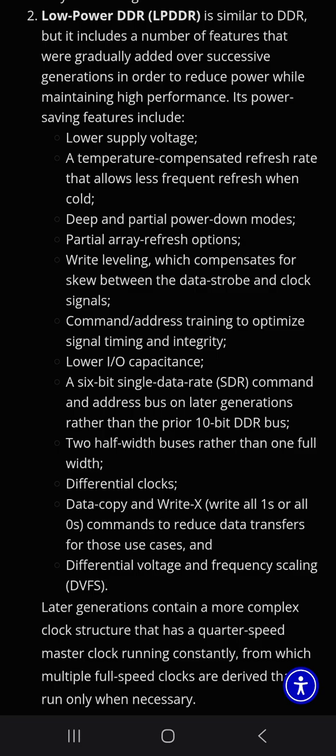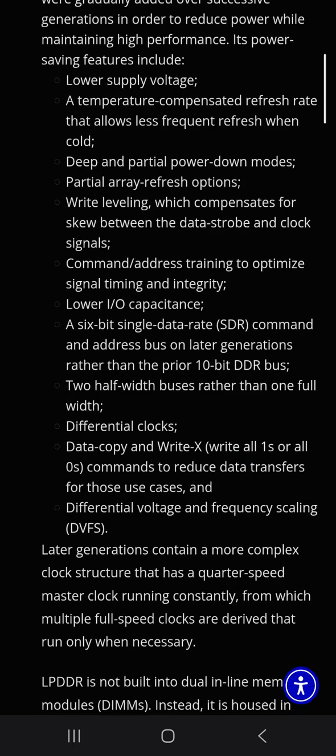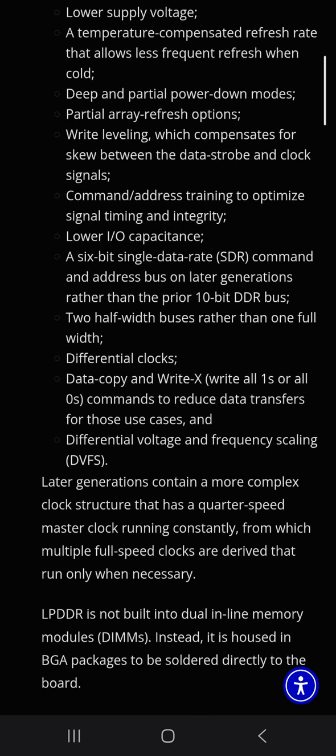on the later generations rather than a prior 10-bit DDR bus, 2 half-width buses rather than 1 full width, differential clocks, data copy and write-X, write once or zeros, commands to reduce data transfer for those use cases, and dynamic voltage and frequency scaling, DVFS.